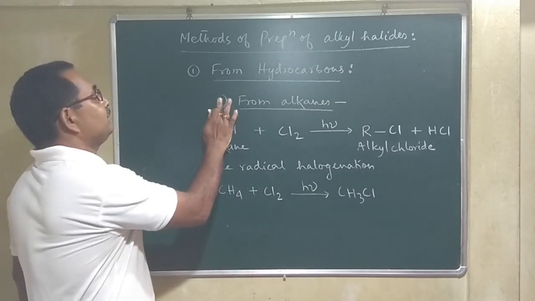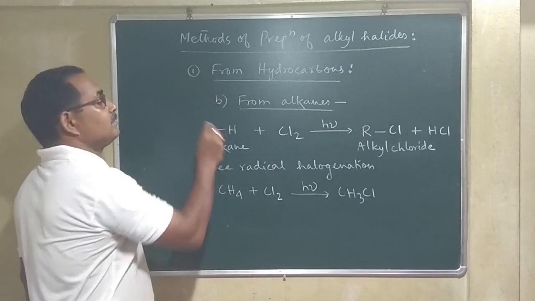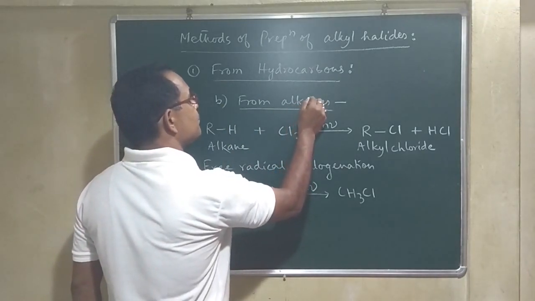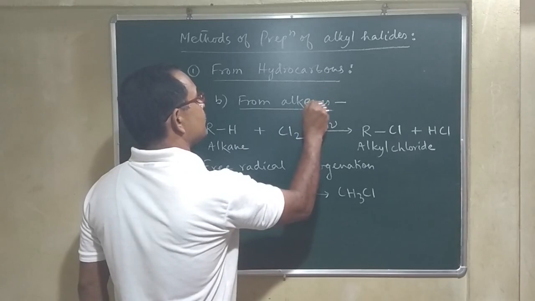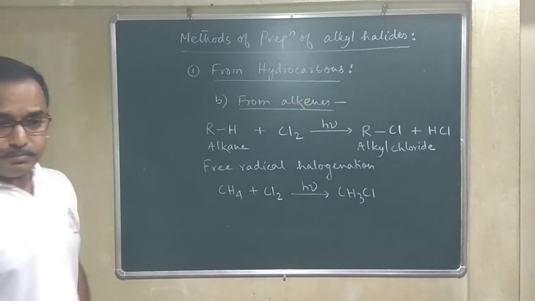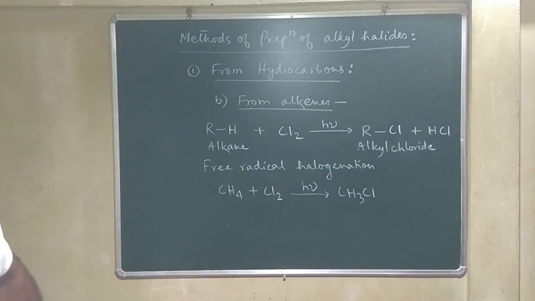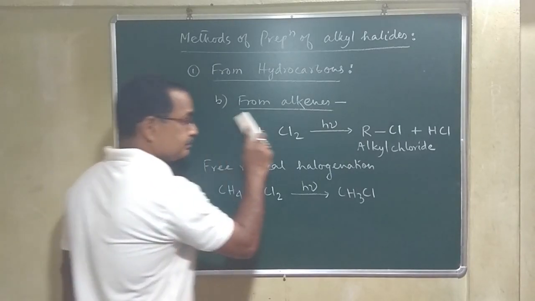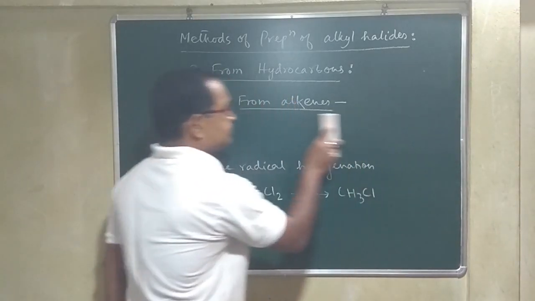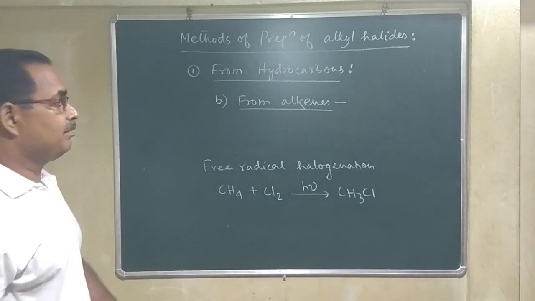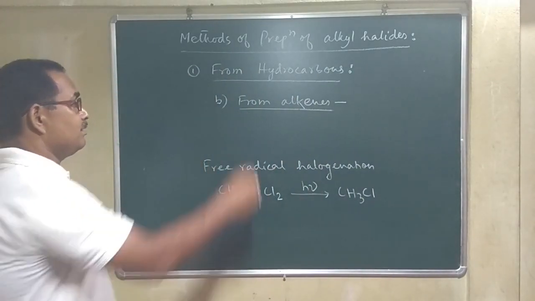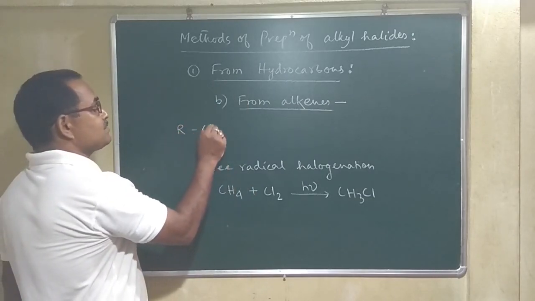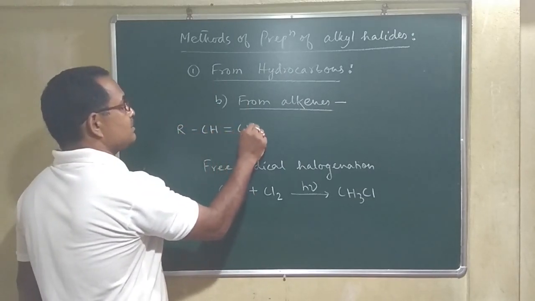Then come to number B, from alkenes. From alkenes also we can prepare alkyl halides. Look, RCH=CH2.